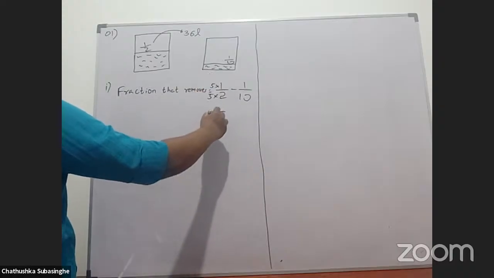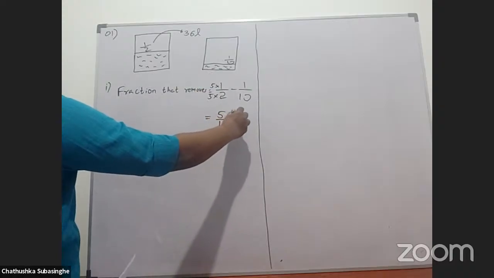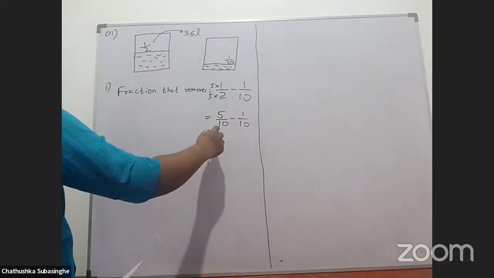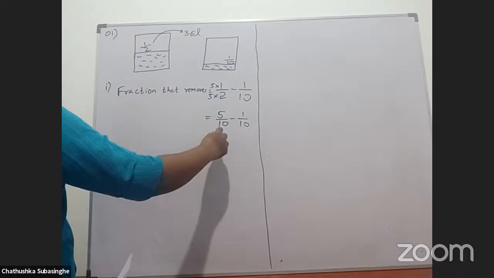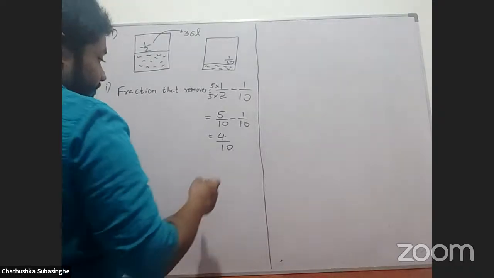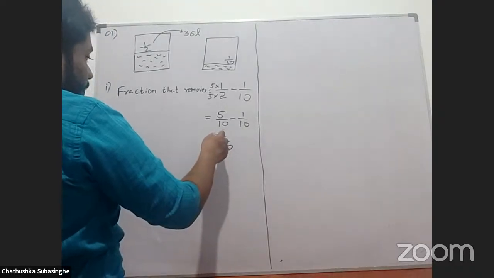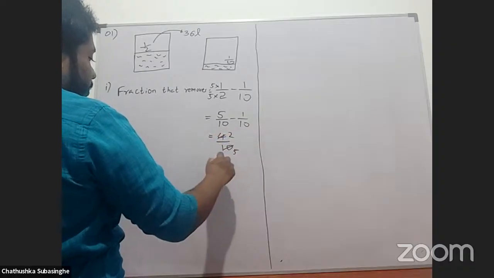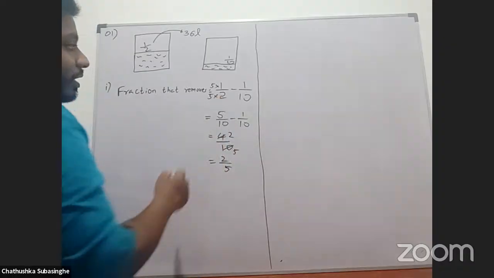So it is 5/10 take away 1/10. 5 take away 1 is 4/10. So this is the answer. We can simplify it. 2 times 2, 2 times 5. So it is 2/5.